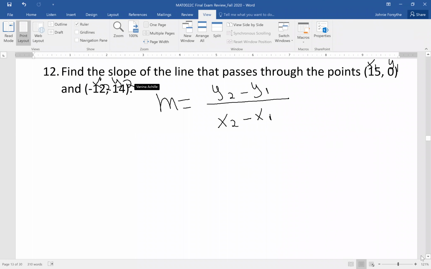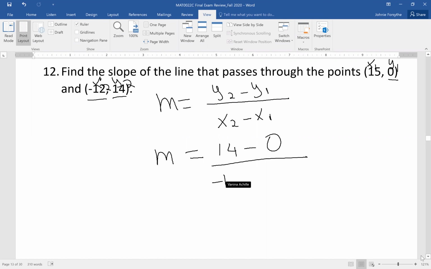So now all I have to do is this. y2 is 14 minus y1 is 0. x2 is negative 2, I'm sorry, negative 12. I'm bringing this negative because that belongs to the formula. It has nothing to do with the point. And x1 is 15.